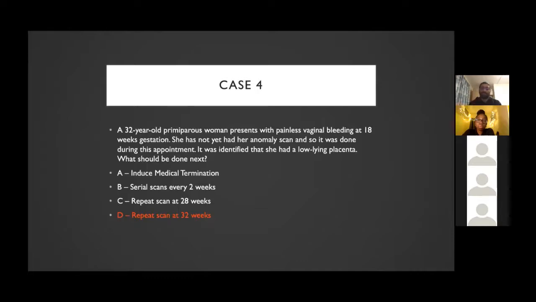If it's progressed to that, you'd want to wait till 32 weeks, because that's when you do some sort of intervention or planning. 28 weeks would be a bit too early, unless there are huge risk factors, or unless she's had more risks of bleeding. That's when you do more interventions such as scanning, and you wouldn't do an induced medical termination.